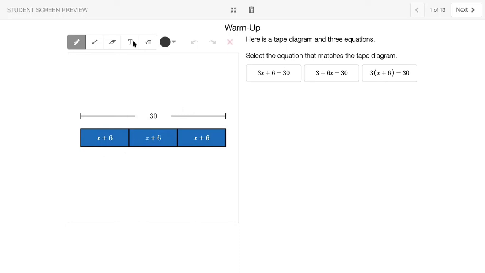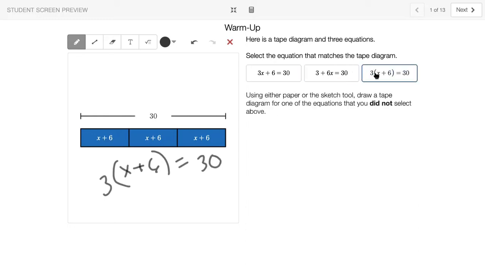So when I look at this one, I see that I have x plus 6 3 times, and I know it's equal to 30. And I put in parentheses because I have 3 groups of x plus 6. So it would be this one right here. I'm going to skip this question so we can go on to the next slide.